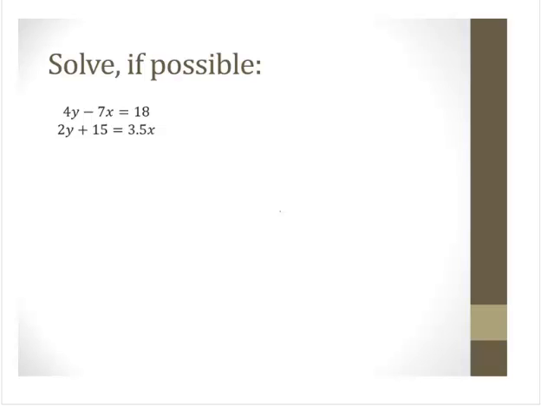I'm going to move these two terms to the other sides, so the second equation looks more like the first. The first equation, 4y minus 7x is 18. The second equation would then be 2y minus 3.5x equals -15. I just moved each of those to the other side.